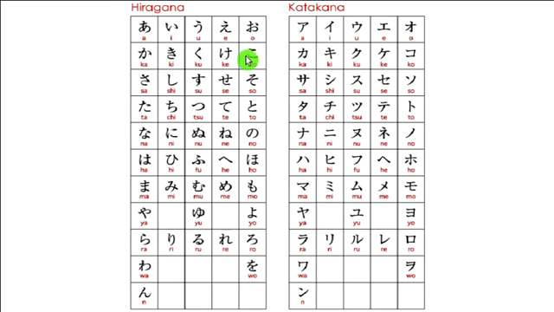Romaji is the romanization of Japanese words using Latin script so that we can easily identify how to pronounce these characters. It makes it more simple. Romaji is read the same way as you would read text in English.